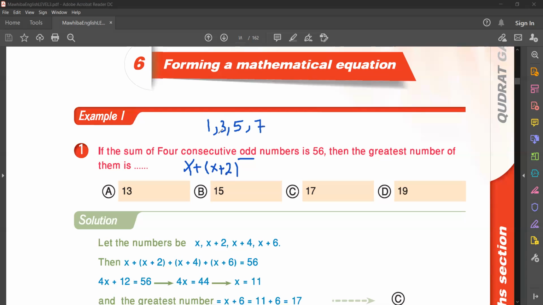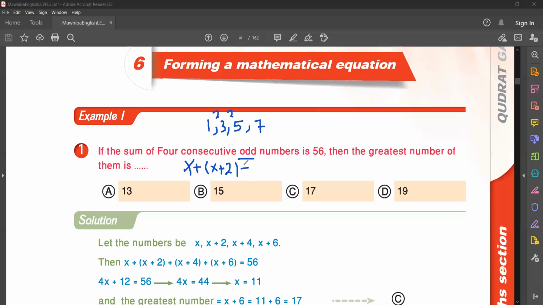So what is the difference between 3 and 1? It is 2. And what is the difference between 5 and 3? It is also 2. So between one odd number and another, it is 2.